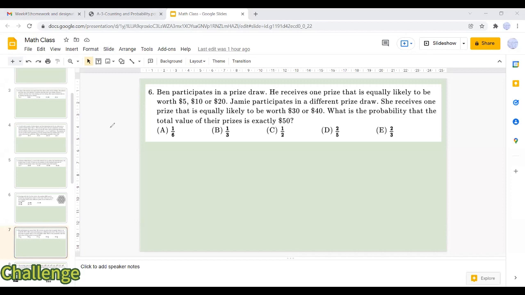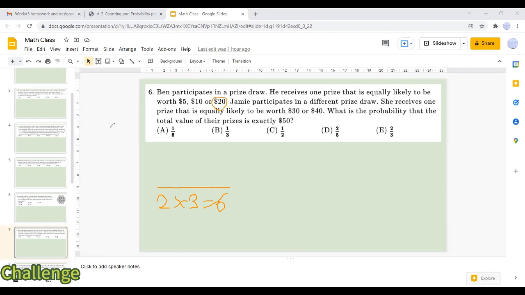So we just multiply 2 and 3 and we get 6. But we want to get 50. And so we see how many possibilities there are where the sum of their 2 prices will equal $50. So first we have the possibility that Ben gets 20 and Jamie gets 40.